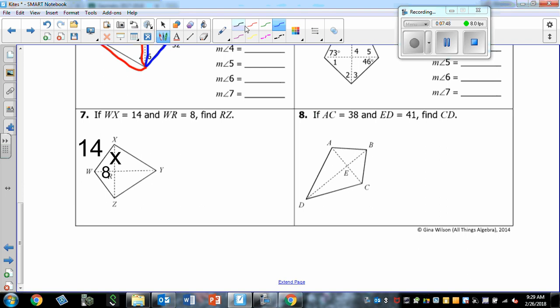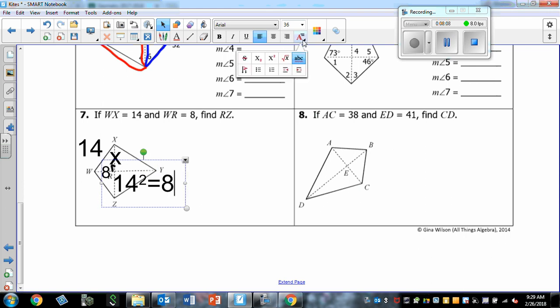Because I know that I have a right angle, I am just going to do 14 squared is equal to 8 squared plus x squared.